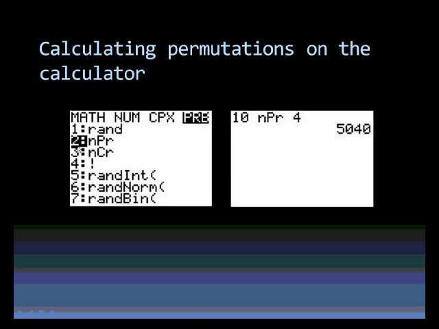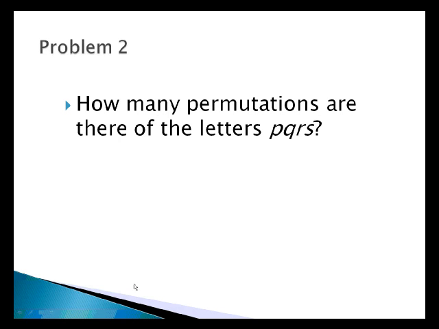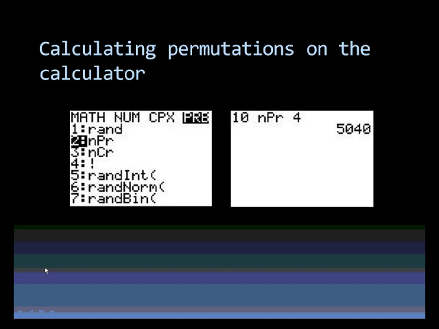And then look at option 2 where it says nPr. See where it says nPr? Then we can put 4. We can do 10 nPr 4, and we should get 5040. Did you get it? Okay.